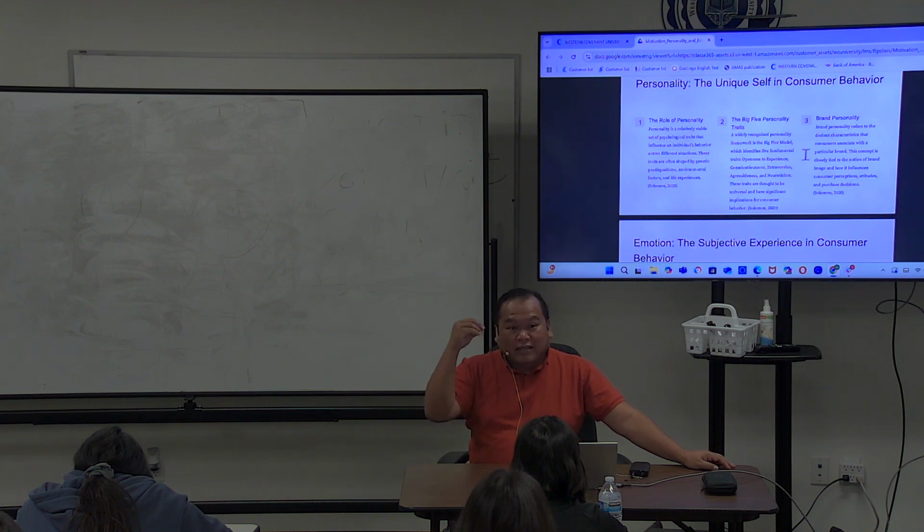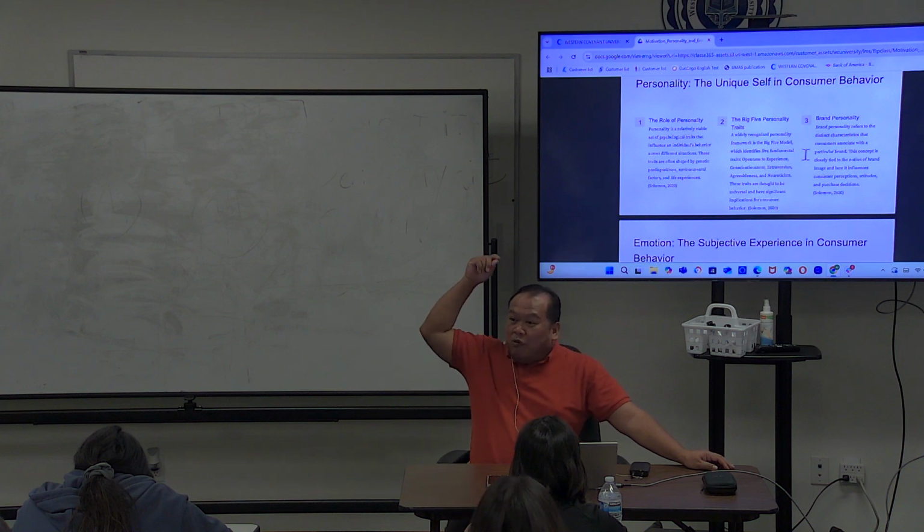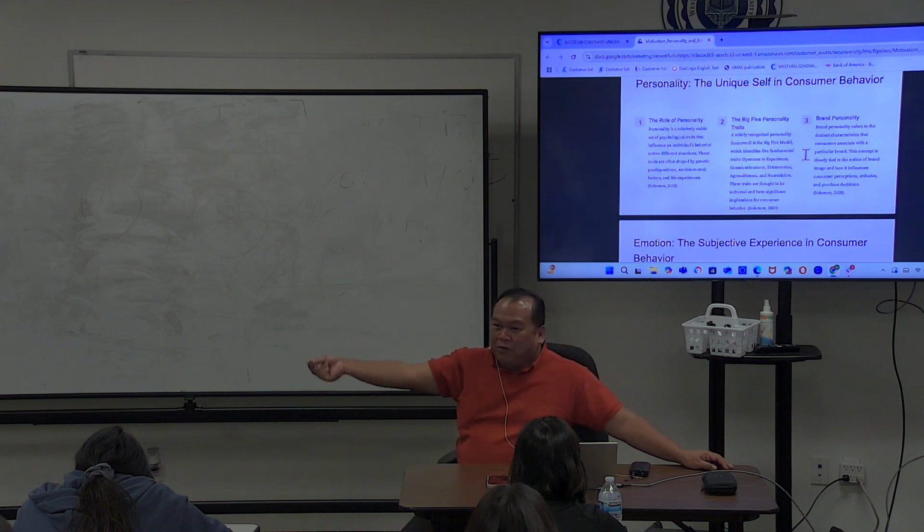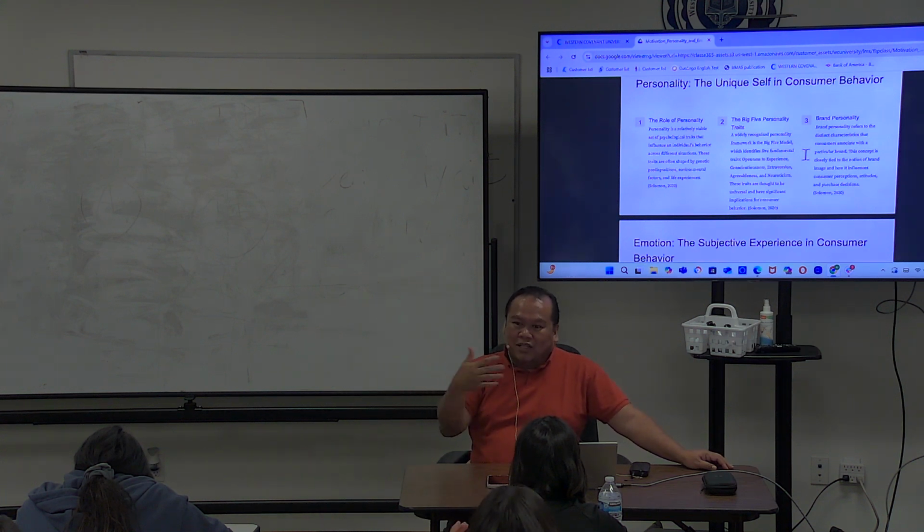Conscientious people buy things because they want to make sure that what they buy is worth the value. When I buy it, I won't regret it because it's useful to me, to my family, to my brother, to my sister. Everyone can use it. I will not buy something just for myself, because I would feel selfish.